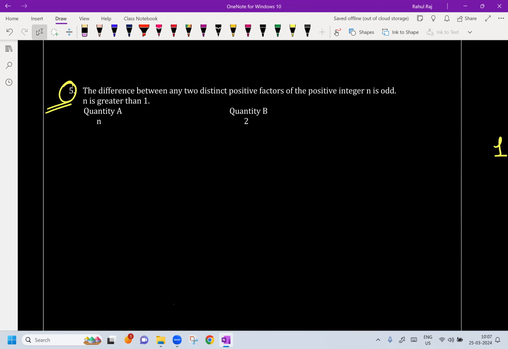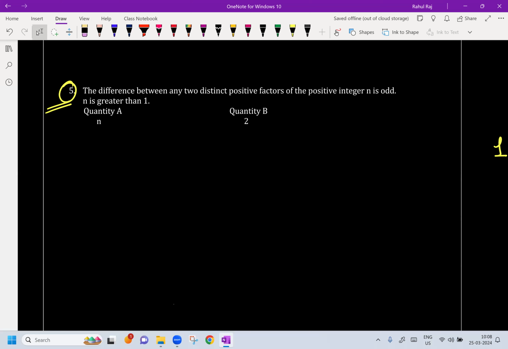So what's your answer? Is the answer D again? No. Please think why. The two different cases I took were n being 2 and n being 20. In one case they're equal. I agree with what you have taken, but I'll tell you why it is wrong.